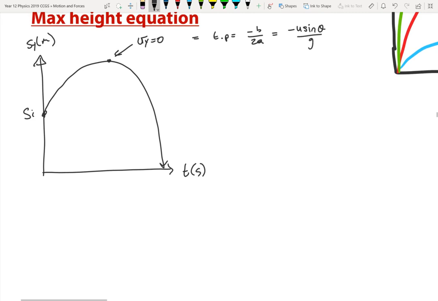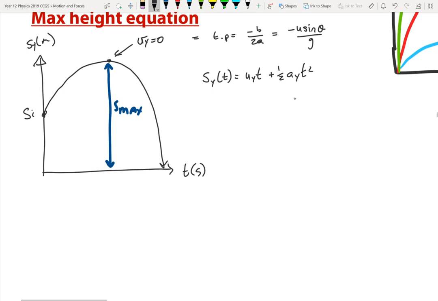Okay? Now, what I would then do is let's make the other equation. Let's just stick with black here. Let's find S maximum. Let's find the maximum height. That's going to be the time of the turning point. So we're going to chuck the turning point time into our ut plus half a t squared.